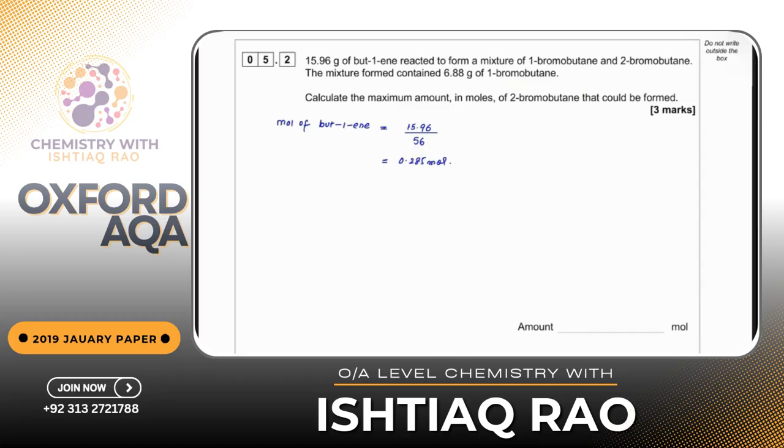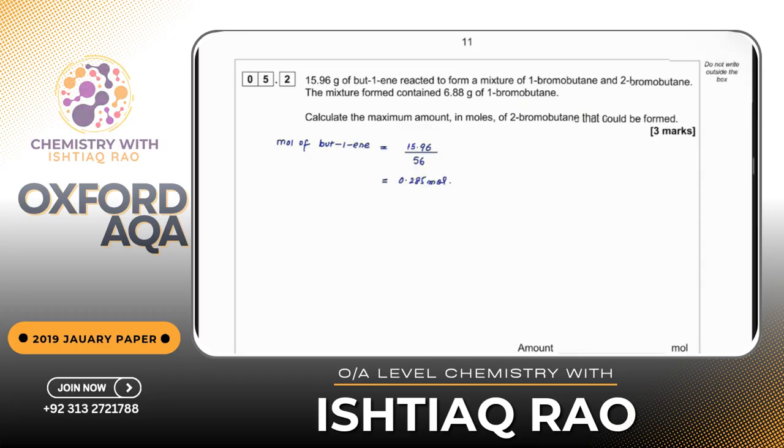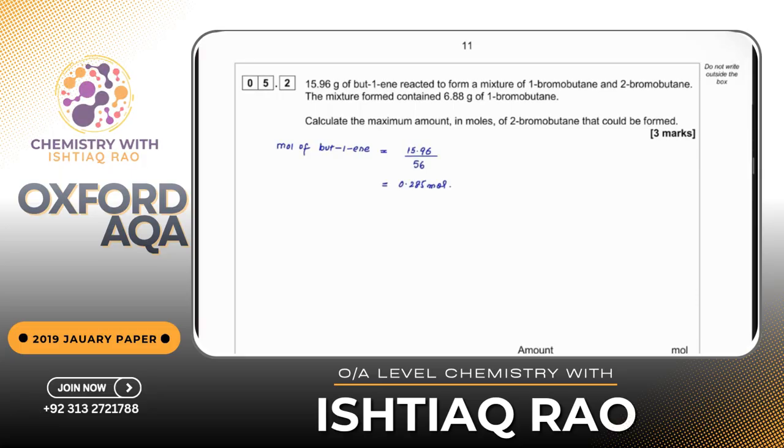So how can I find the moles of 1-bromobutane? Since I know the moles of butene, that is 0.285.